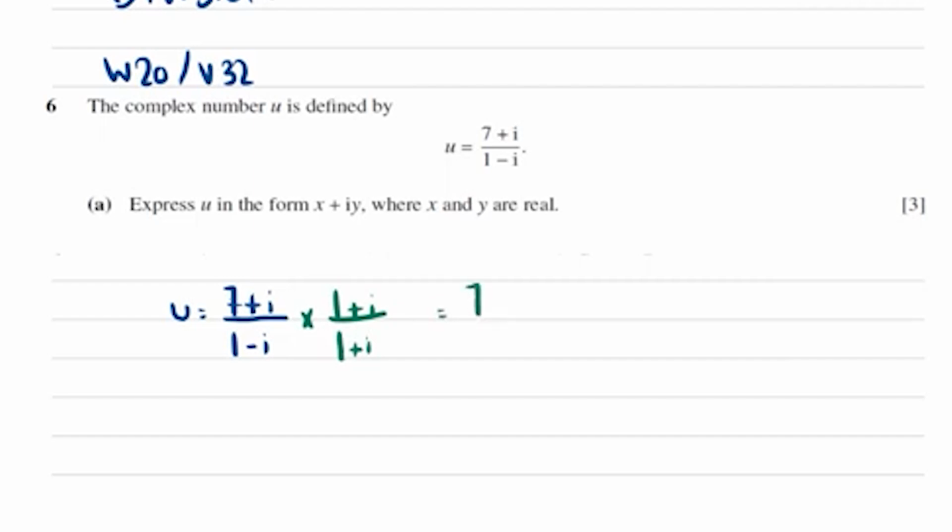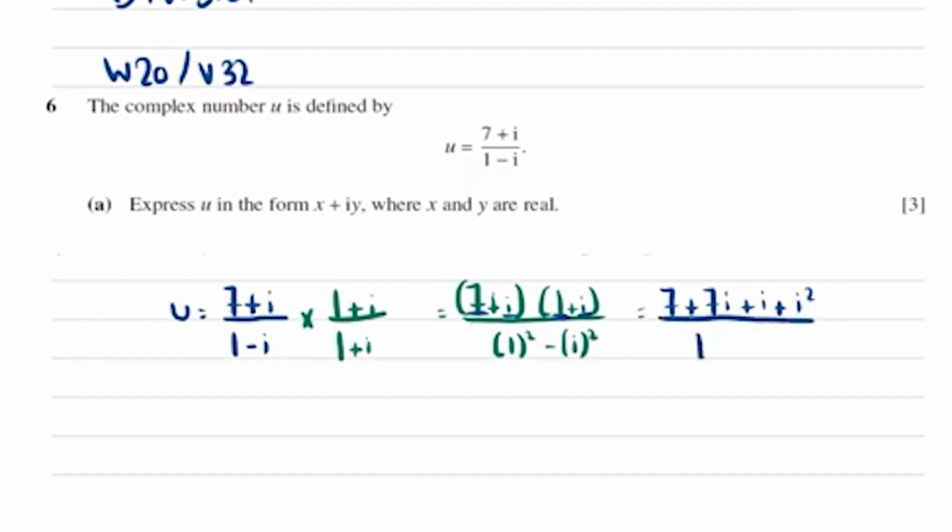So now it's going to become 7 plus i and 1 plus i, divided by 1 square minus i square. Now let's multiply. 7 into 1 is what? 7. Plus 7 into i is what? 7i. Plus i into 1 is what? i. Plus i into i is what? i square. And in the denominator, it will become 1 minus i square.